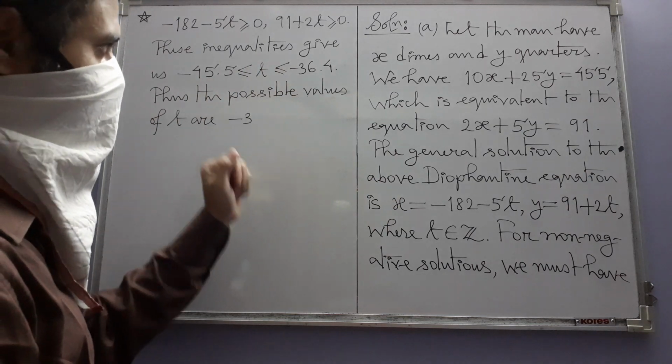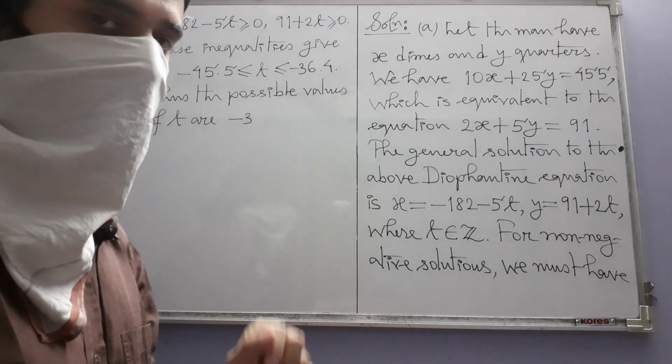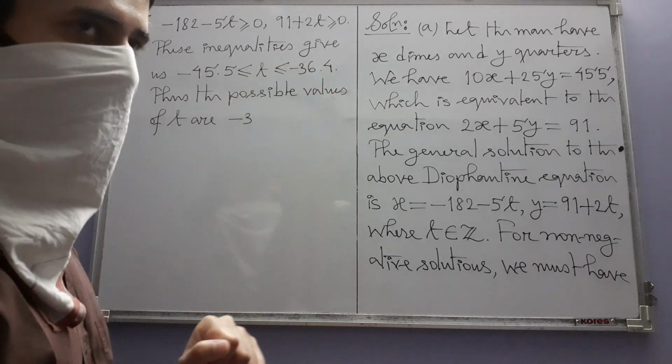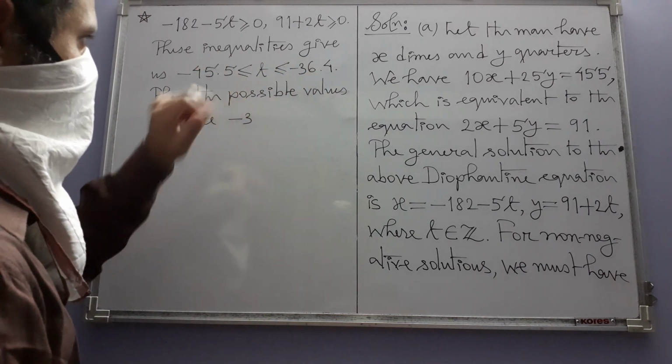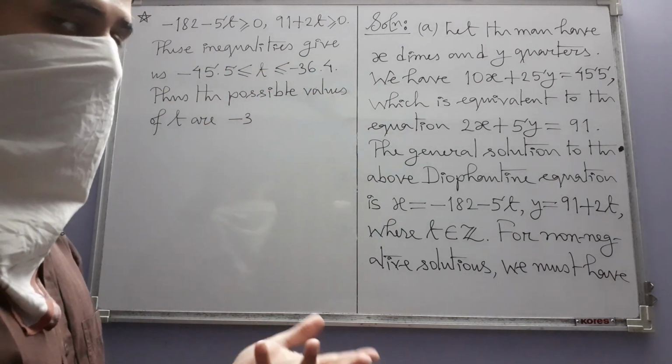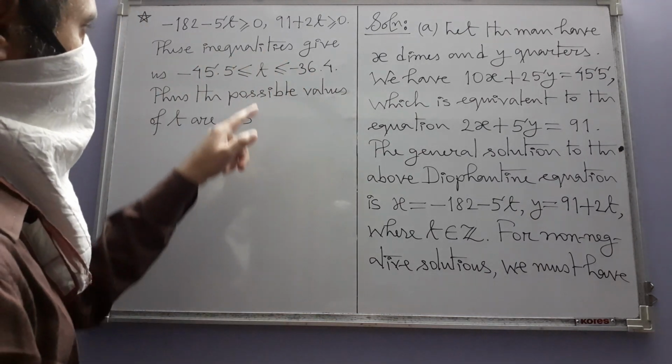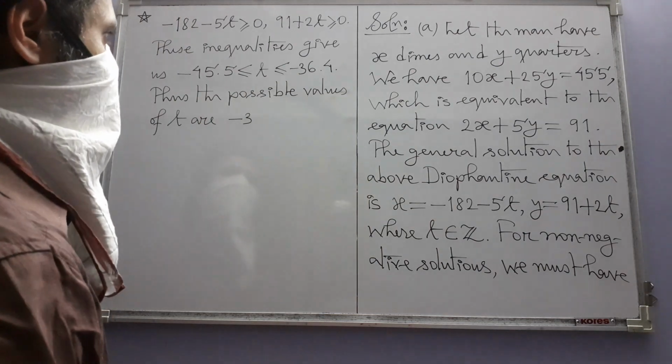These inequalities also have the possibility of equality in them, but that we will never have because these are non-integer, these are fractions, right? These are non-integer rational numbers, whereas t is an integer.